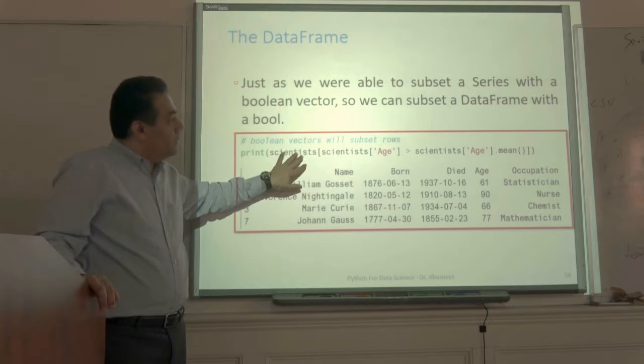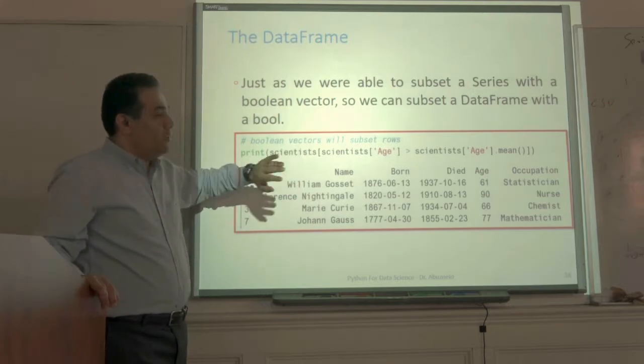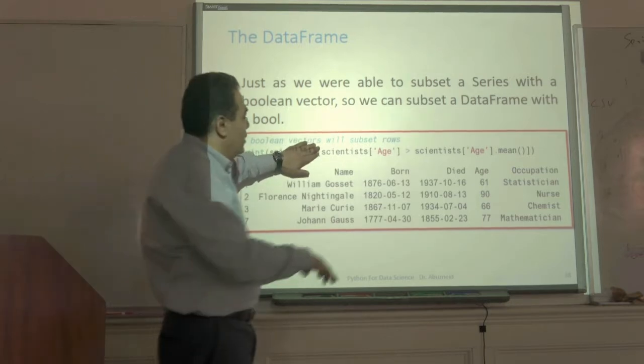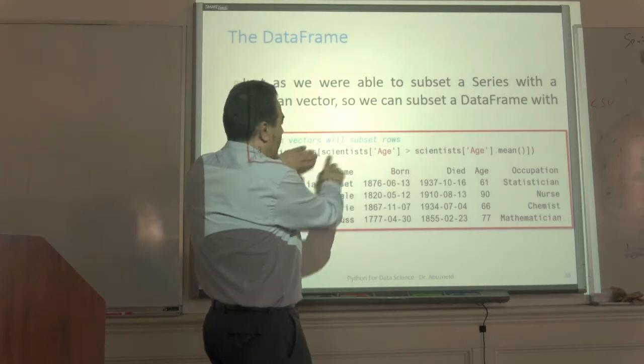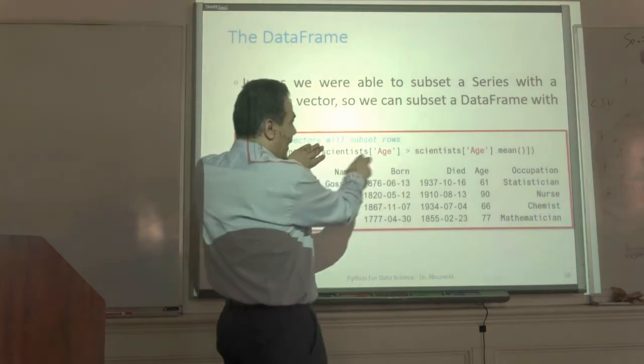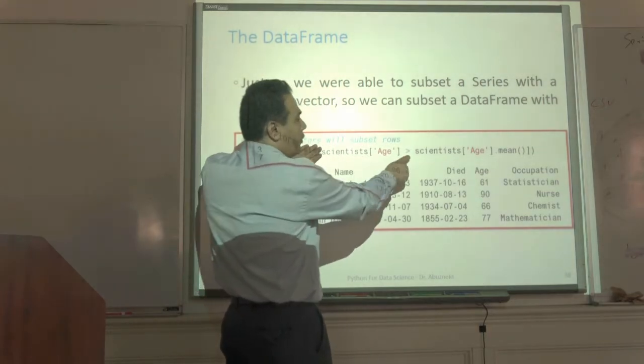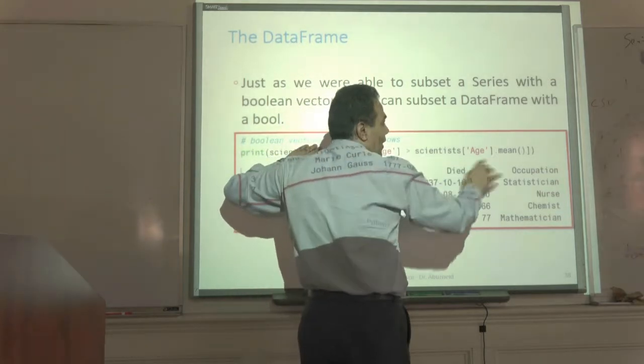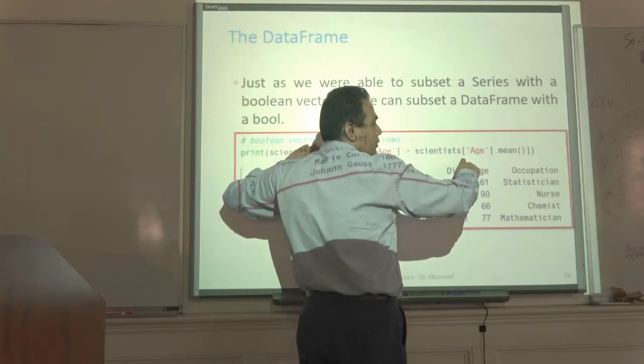We need to subset with a Boolean operation. So print the records where the age in the scientists is greater than the average age in the scientists.